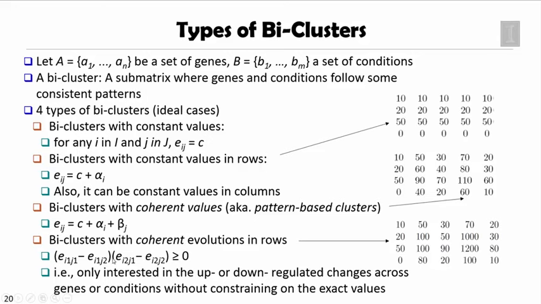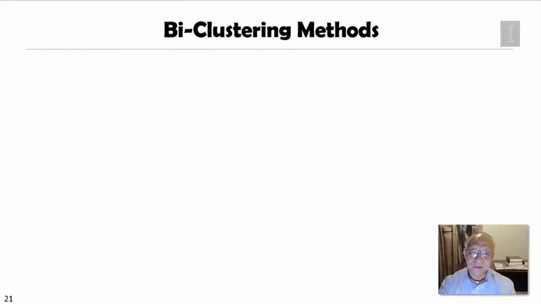Simply says you look at the corresponding 2 cells: if one increases, the other also increases, their product will be greater than 0. Or if one increases, the other at least maintains the same, so it's equal to 0. If they both decrease, you get negative and negative, and their product is still positive. So that means you're only interested in up or down regulated changes. In that case, this is another kind of pattern.